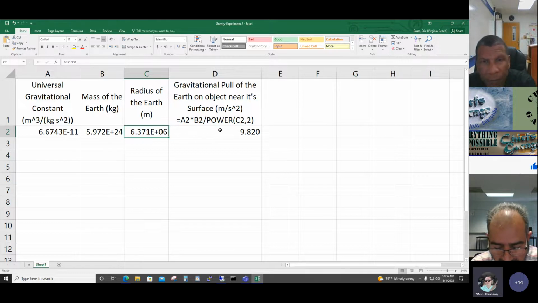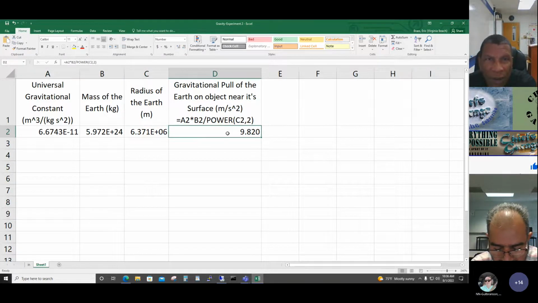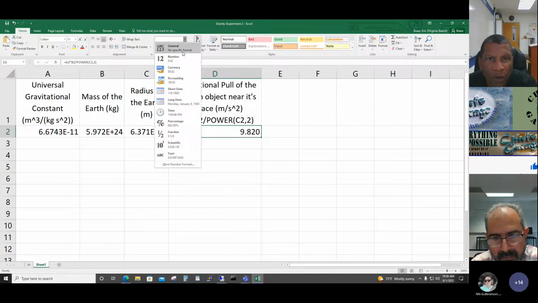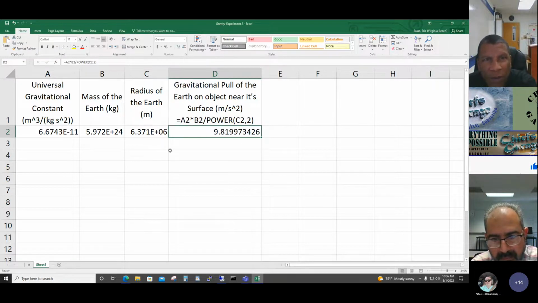Okay, I fixed it. All right, so you have the same value here. I'm going to go back to general here. Select general for this value, and is your number exactly the same as this? Yes, it is now.